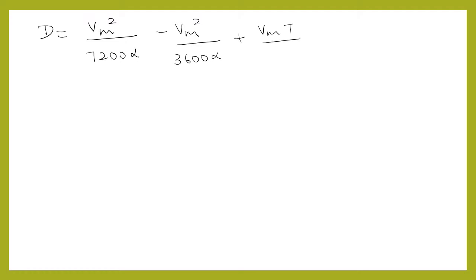That is, D is equal to Vm square by 7200 alpha minus Vm square by 3600 alpha plus Vmt by 3600 plus Vm square by 7200 beta minus Vm square by 3600 beta.